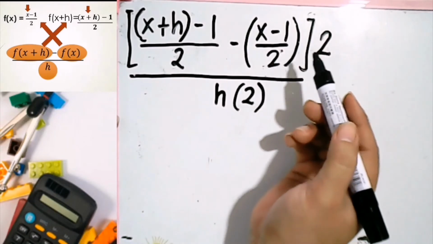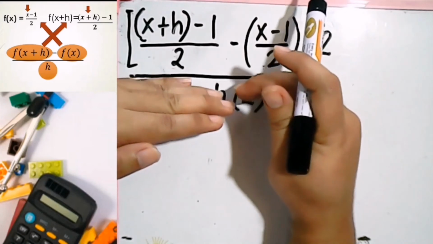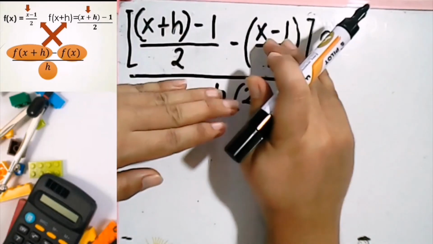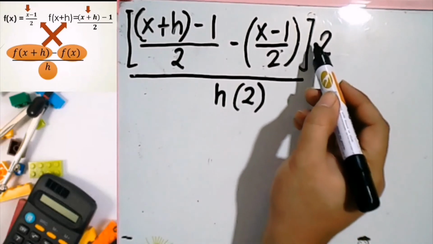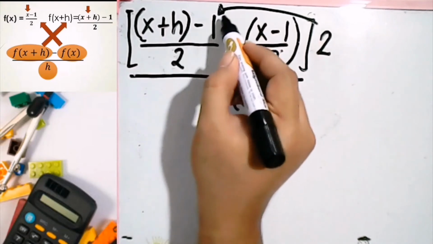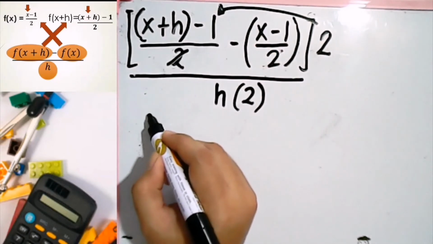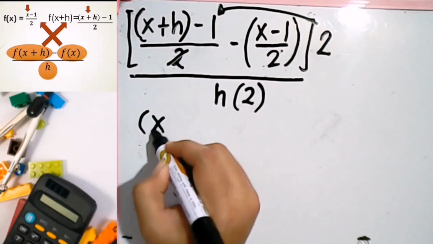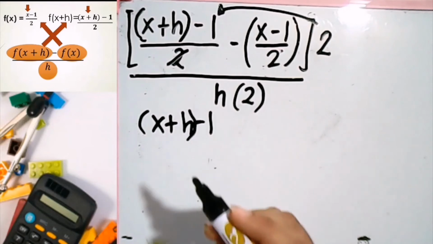Now, what will happen? This will cancel out the denominator on our numerator. Okay? So, with this one, 2 times this equation. Therefore, our 2 will be cancelled out. x plus h minus 1 will remain.